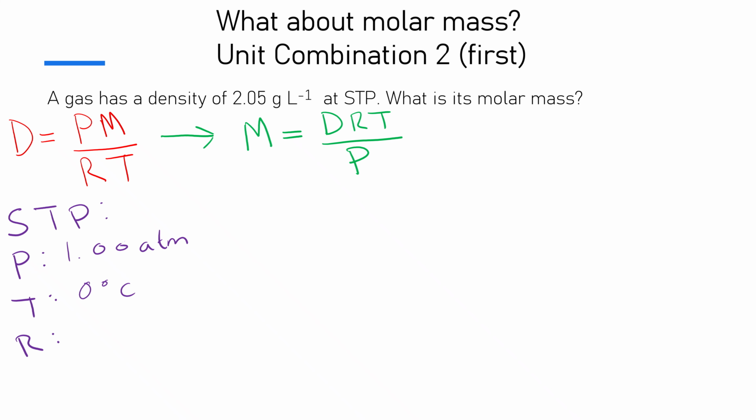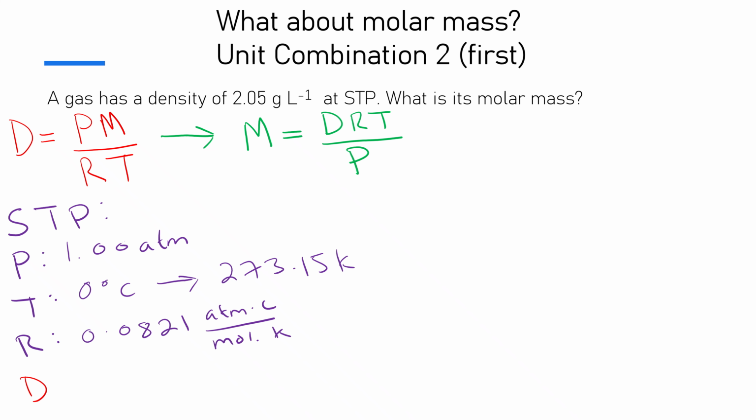However, we want that in Kelvin, which is 273.15 Kelvin. Our ideal gas constant for unit combination 2 is still 0.0821 with atmospheres, litres over moles, and Kelvin as the unit. And our given value for density for this unknown gas is 2.05 grams per litre.